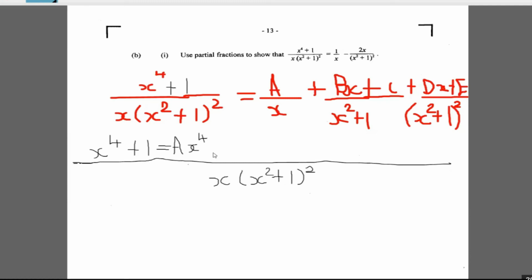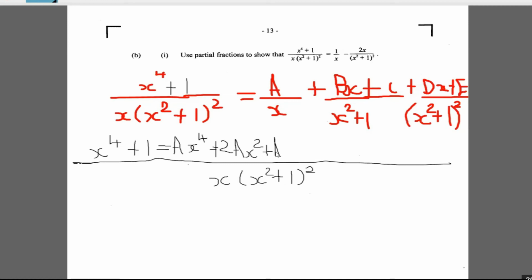Plus, now the second term would be 2x squared, so it's going to be plus 2ax squared.